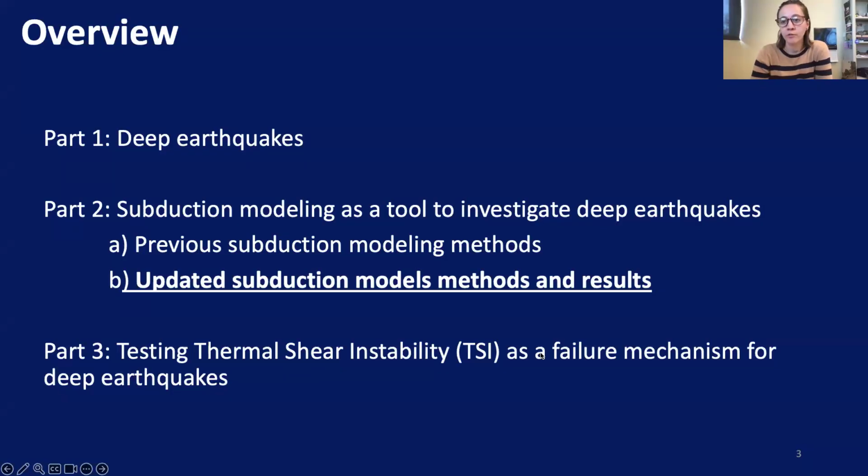So the overview for today's talk is, first I'll give a little bit of background about deep earthquakes: what we do know, what we don't know, and where in the slab I'm talking about when I say deep earthquakes. The main part of the talk is going to be part 2, talking about how subduction modeling can be a tool to investigate these deep earthquakes.